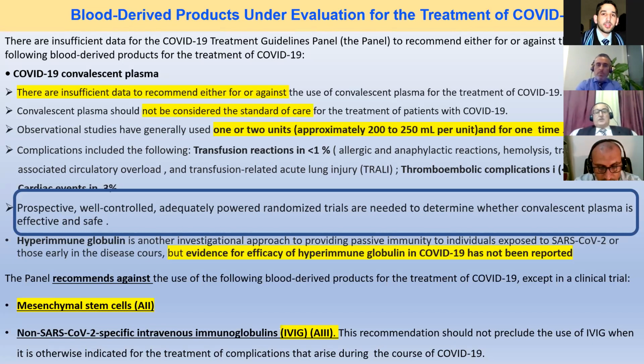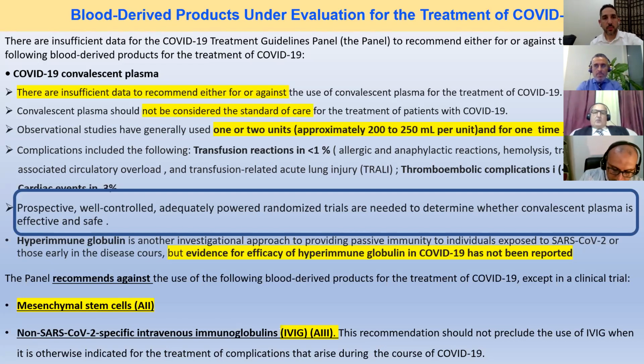Again, we should not forget that there are complications for this modality of treatment: transfusion reaction, allergic, anaphylactic, hemolysis, acute lung injury, thromboembolic complications, and cardiac events. That's why we need more prospective, well-controlled, and adequately powered randomized trials in order to decide whether this modality of treatment is effective and safe.